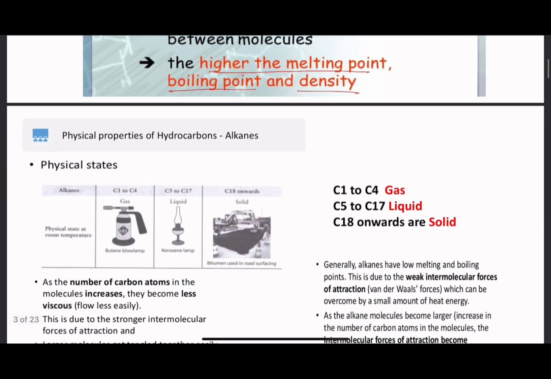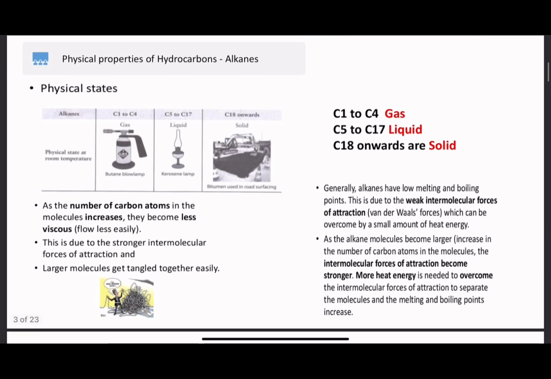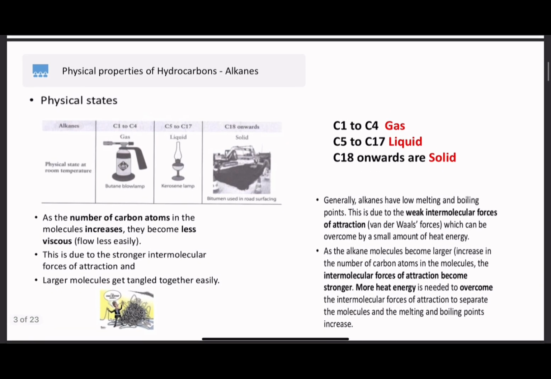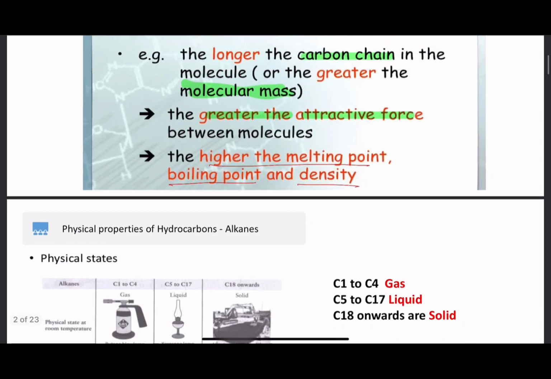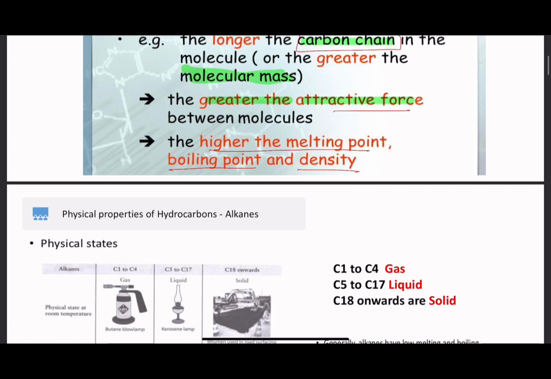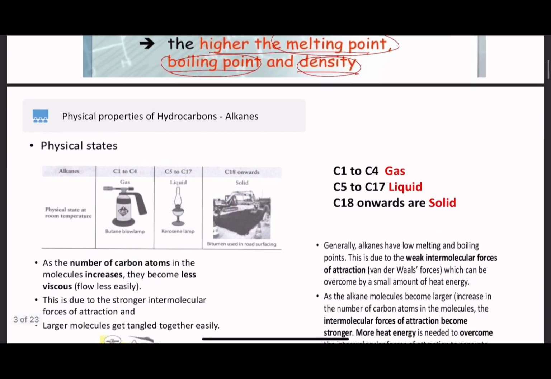Now I'm going to introduce how it changes along the carbon numbers, and then I'm going to explain which kind of forces we're talking about. So, the physical states. I told you that as the number of carbons increases, we have greater attractive force, higher melting point, boiling point, and density, right?